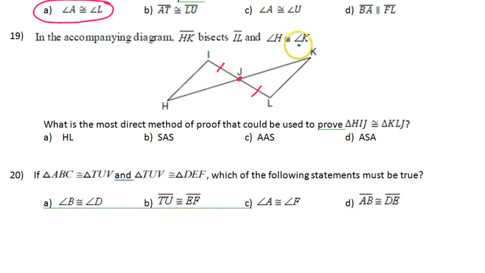And angle H is congruent to angle K. Given those pieces of information, another thing that we know is vertical angles are congruent. So over here I have angle, angle, side, and over here I have angle, angle, side. So the answer is C.